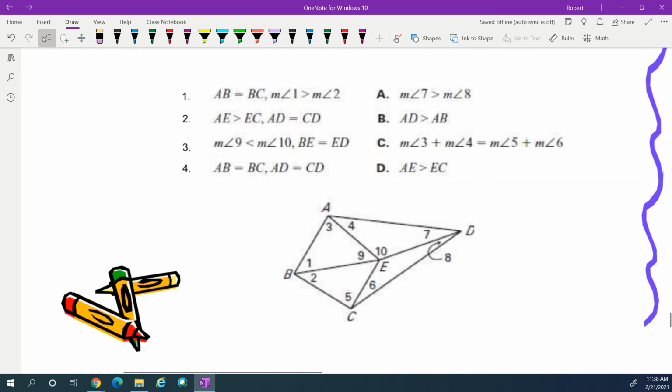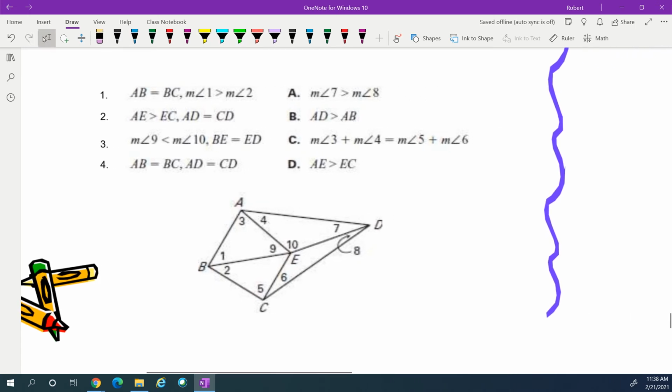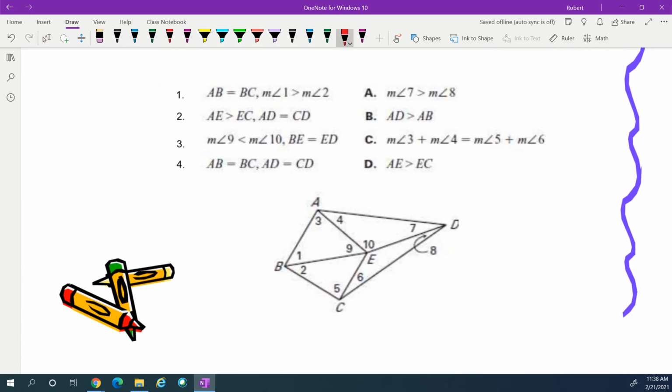Sometimes the questions get a little bit more challenging. Here we're just matching information and results. So let's check this out one piece at a time. In number one, AB and BC.